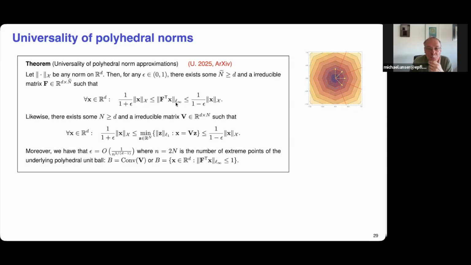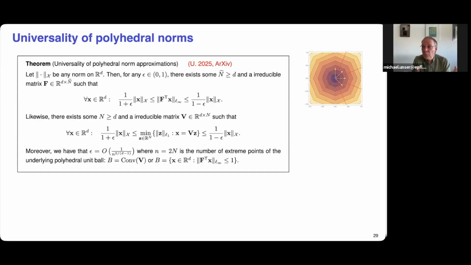Maybe you don't like the L infinity norm, so there's the dual version. This norm I can approximate arbitrarily well by choosing a large enough dictionary and using the norm associated with the dictionary, like that is given here.